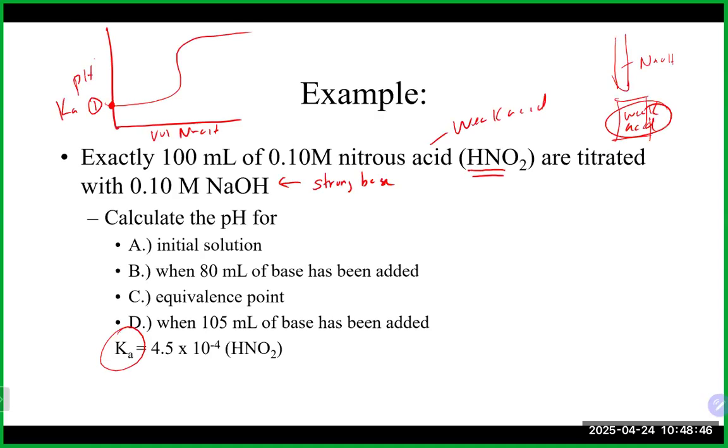So for part A here, I believe it was 0.1 molar, if I'm not mistaken, 4.5 to the -4. So we have our Ka value, and we basically have at this point 0.1 molar nitrous acid. So again, weak acid, so definitely need a nice table here.